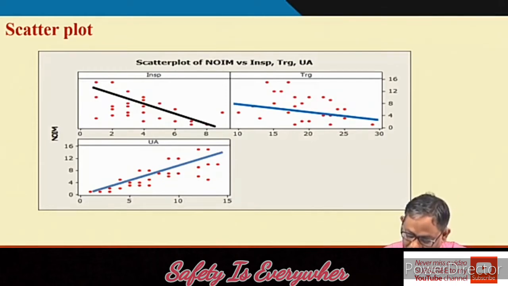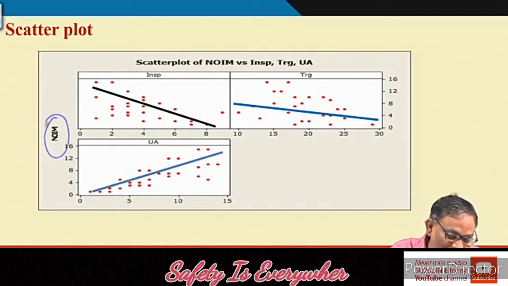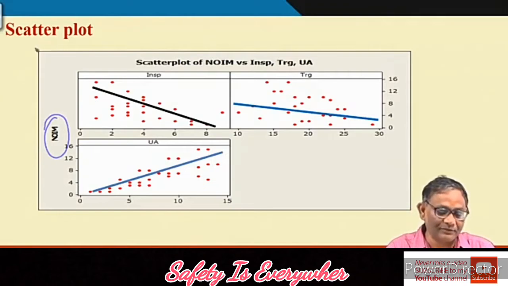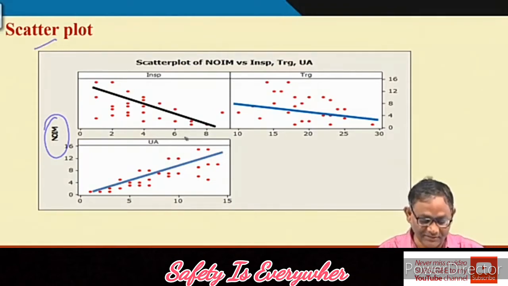Then first everybody will be interested to see, as NOIM is the dependent variable, whether inspection, unsafe acts and training have any linear relationship or not. The best way to start is with the use of a scatter plot. A scatter plot basically has two axes.